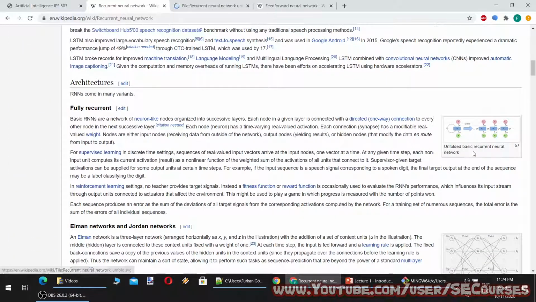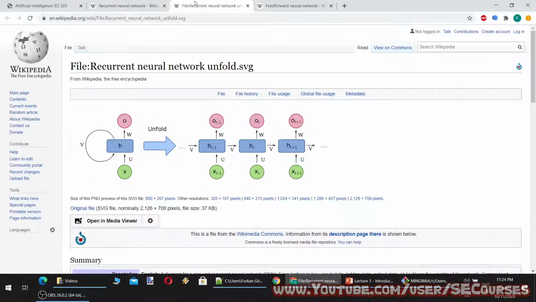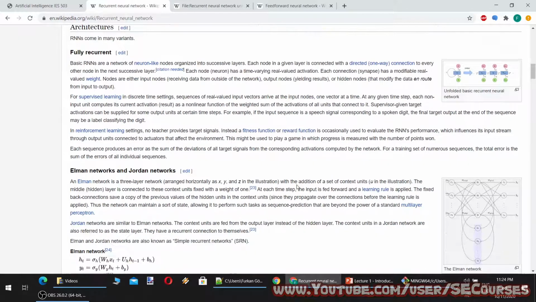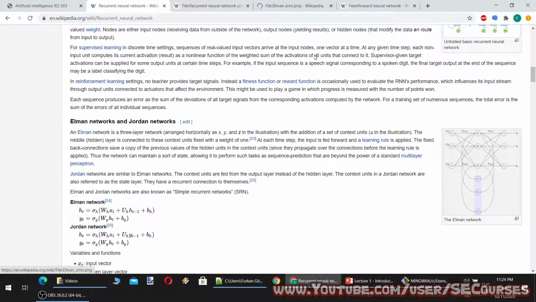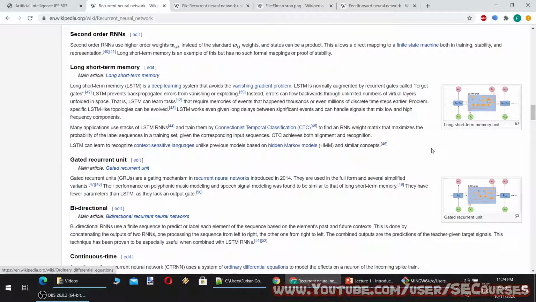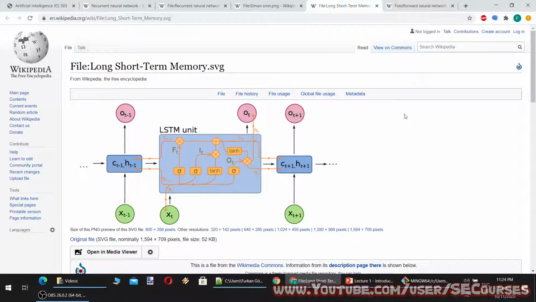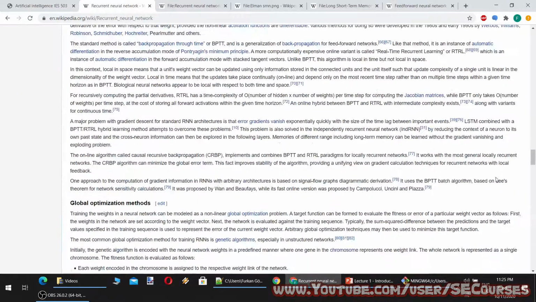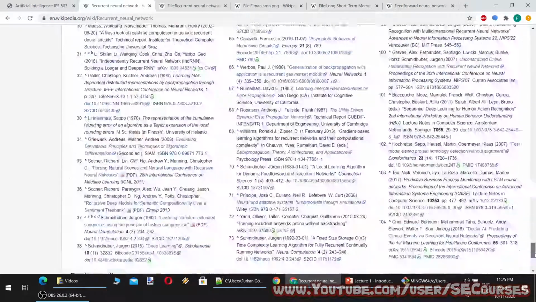Okay, unfolded basic recurrent neural network. So this is how it is. It has a feedback, as you can see, and the Elman network, and long short-term memory units. You see, these are pretty advanced stuff. It takes a lot of time to understand them.